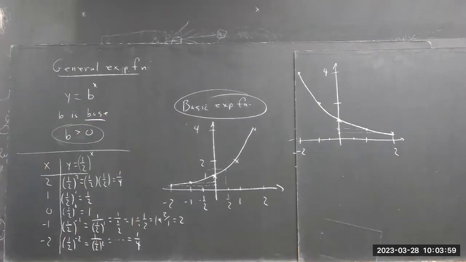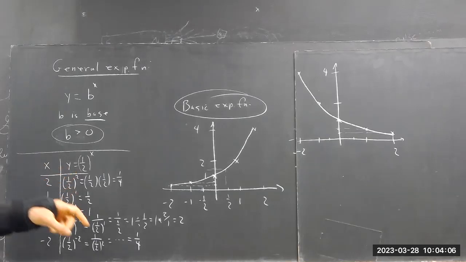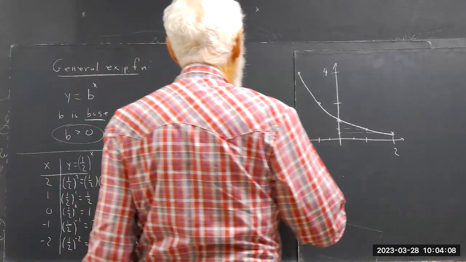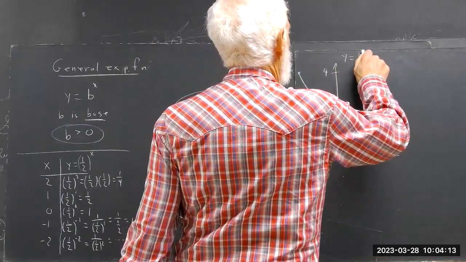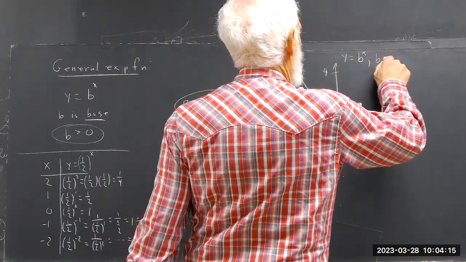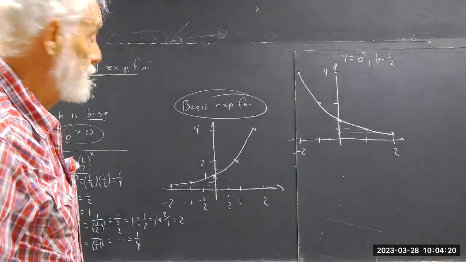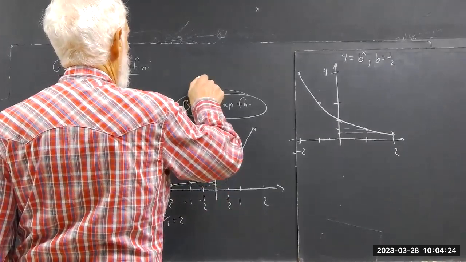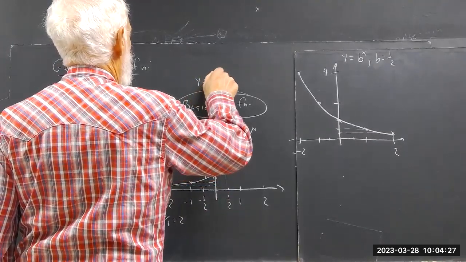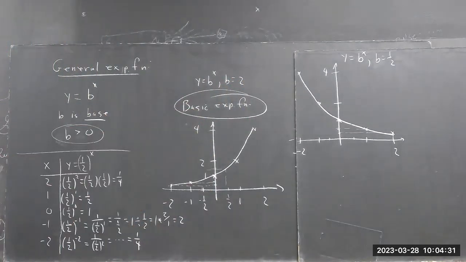But the bottom line is b is less than 1 here. Okay, so this is y equals b to the x for b equals 1/2. Your basic exponential function y equals b to the x for b equals 2.